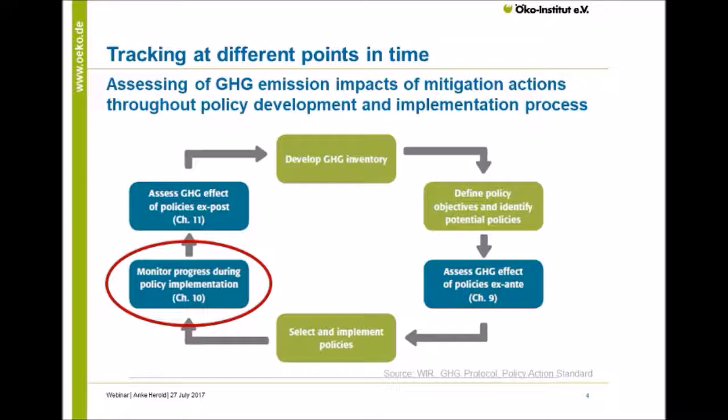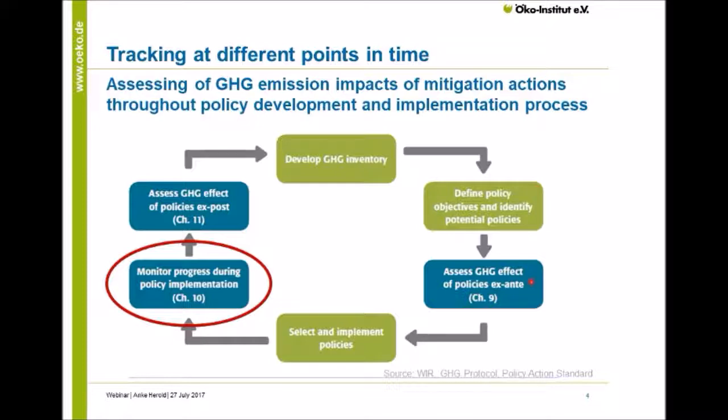When you assess greenhouse gas emission impacts of mitigation actions, most of the time countries start from a greenhouse gas inventory which they have developed. Then they define policy objectives and identify potential policies.